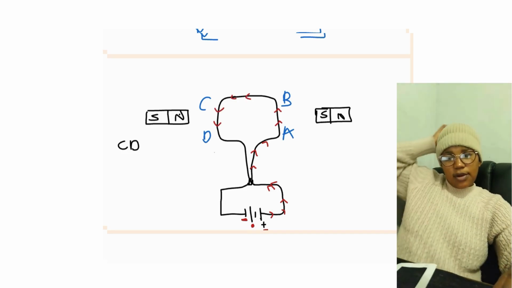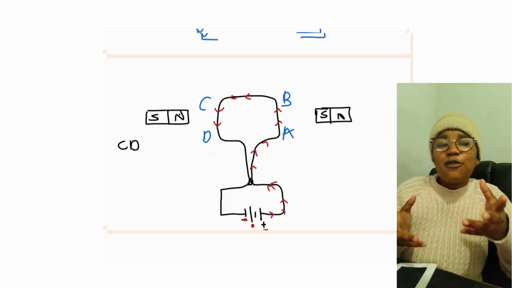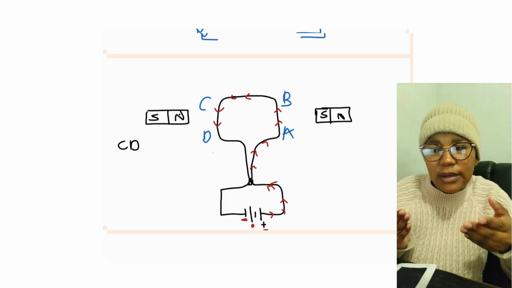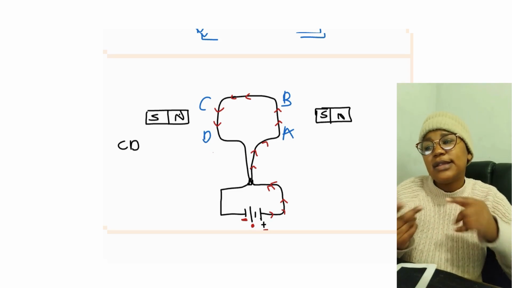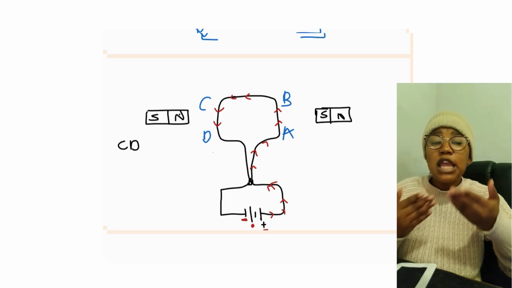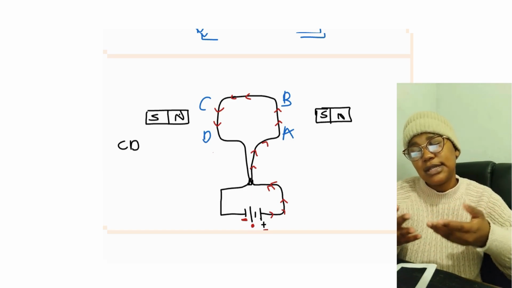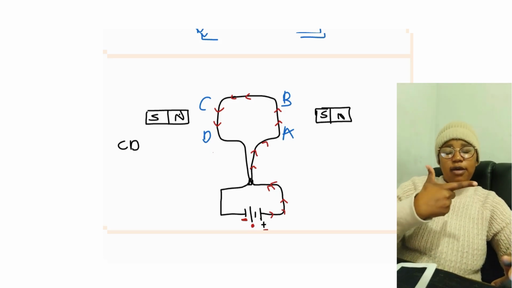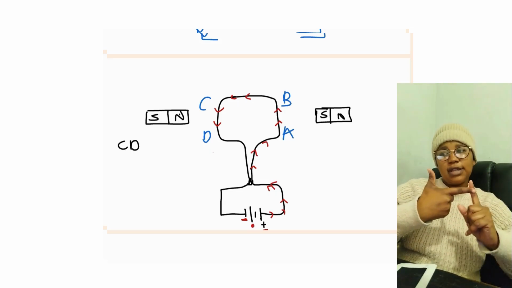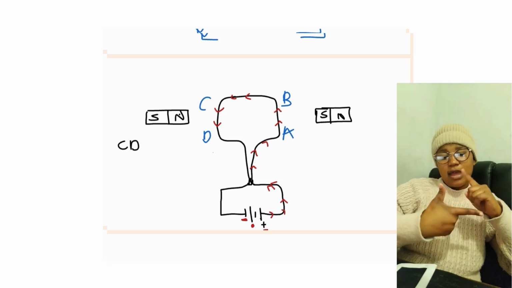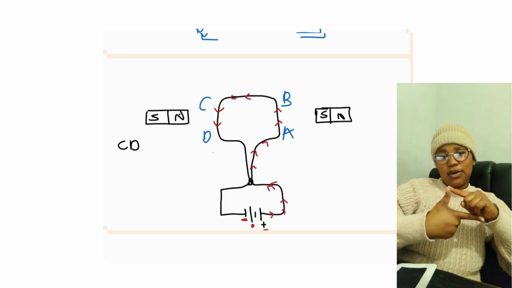So in order for you to tell whether you have clockwise or anti-clockwise, you need to figure out, is AB going up or down, or is CD going up or down? So let us start with CD. So we have our fingers. I still have north to south. I need to figure that out because it's the rotation.